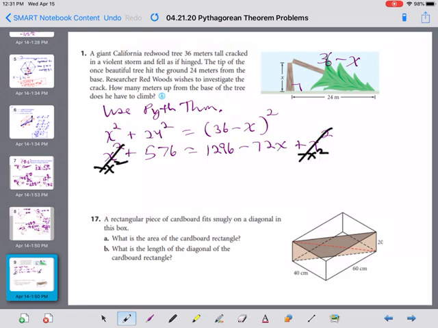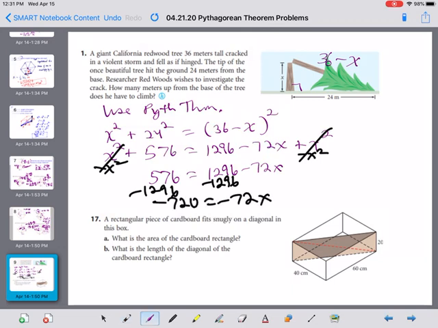So this actually reduces down to a linear, which is quite nice. And then subtract 1296 to both sides. Negative 720 equals negative 72x. Divide by negative 72, x equals 10. So it cracks 10 meters up.